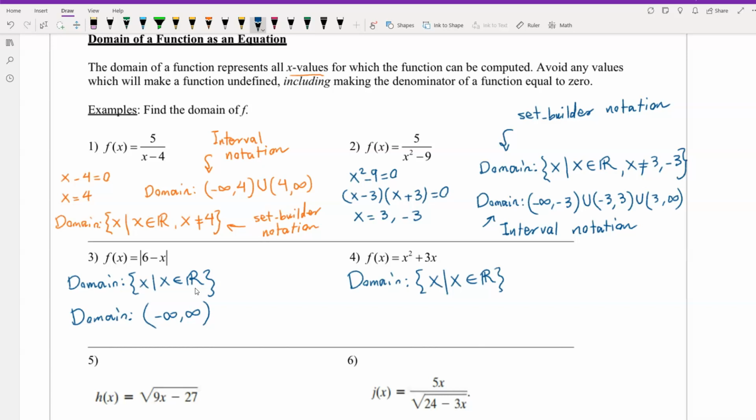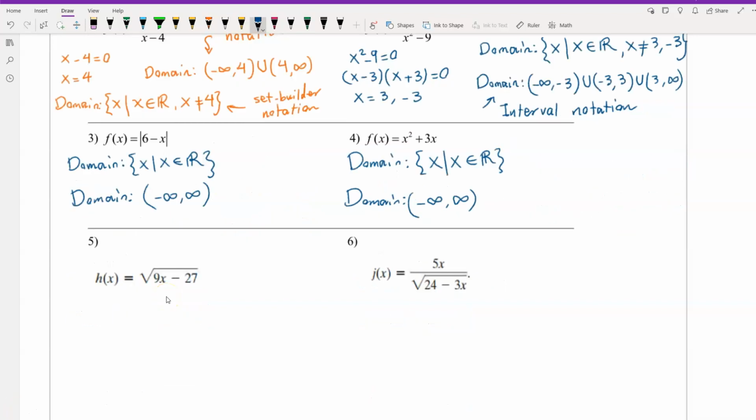So I'm using x because here we have x. In this part again, we had x, and that was because we had x here in our input. So domain, again, negative infinite, positive infinite.